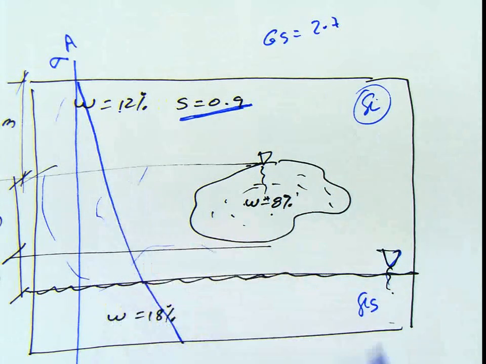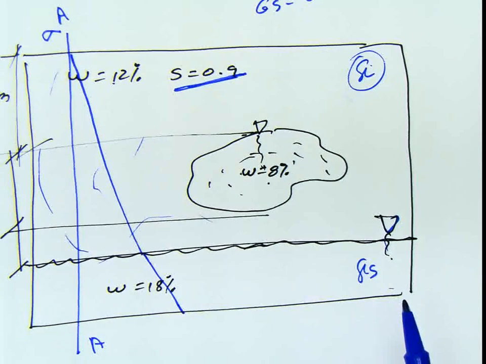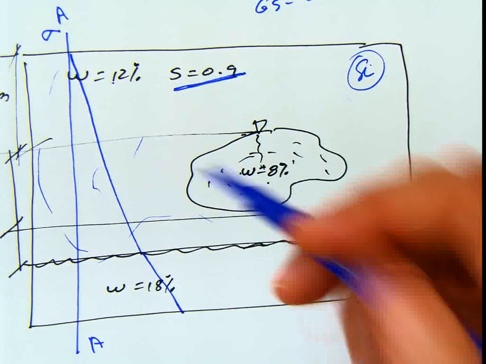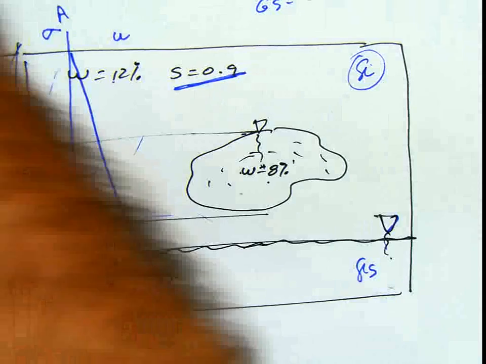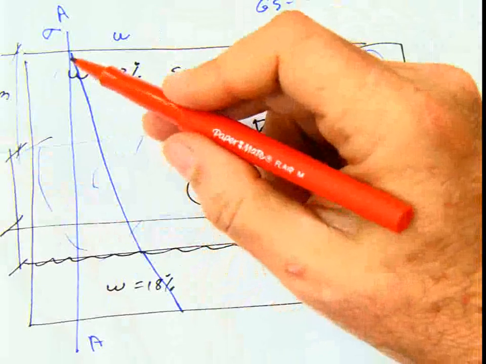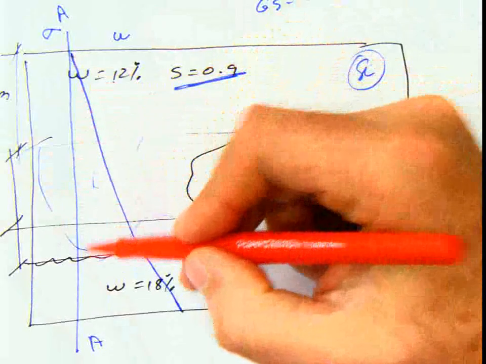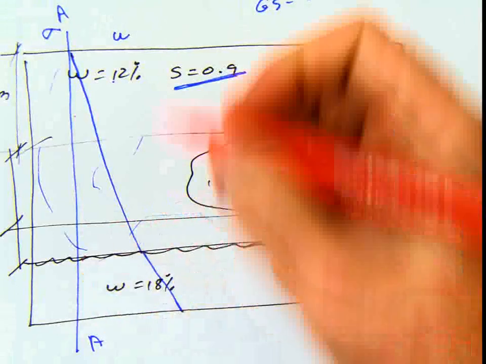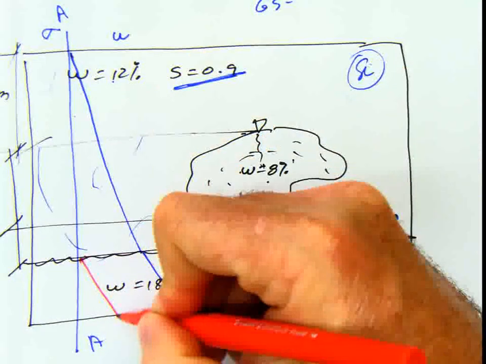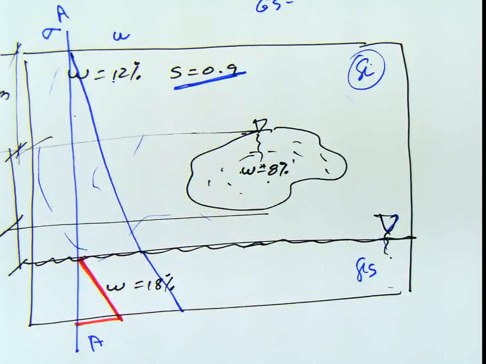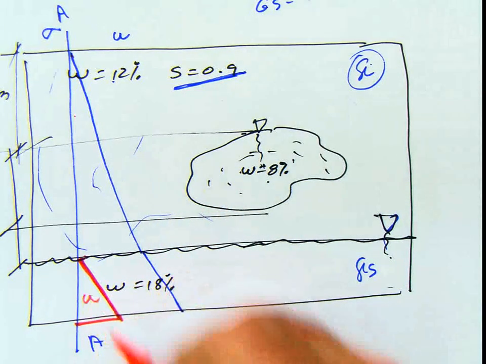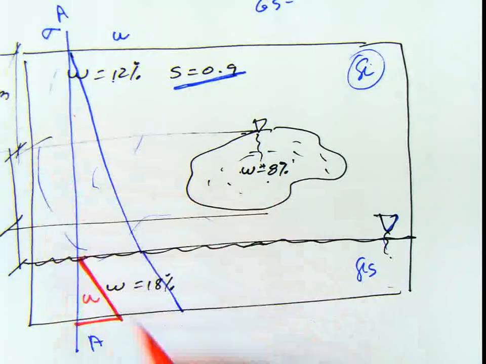For the same section, if I have to do the U for this part, my U for that part will be 0, 0, 0, 0, 0, 0, up to this point. And then the U is just going to be this little part. This is the U for the section AA.